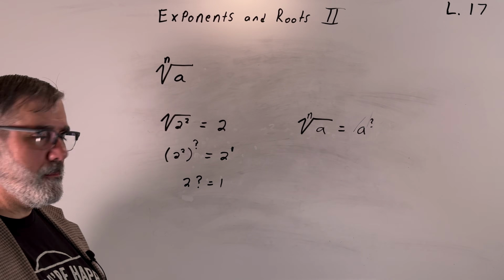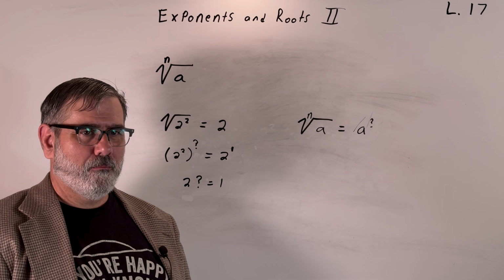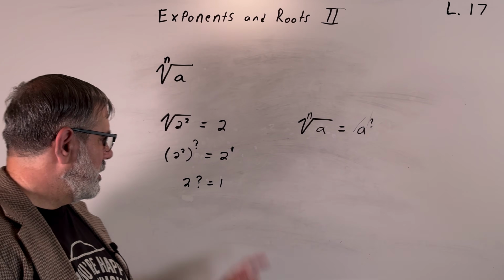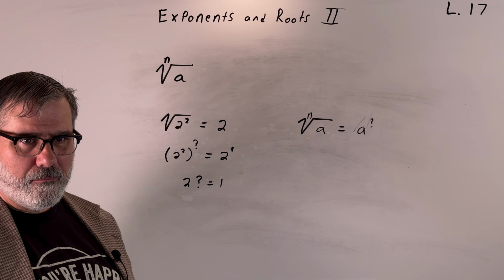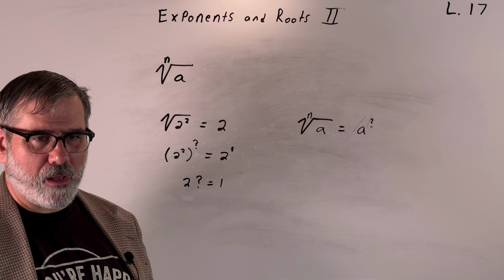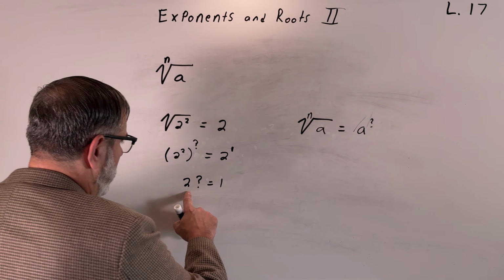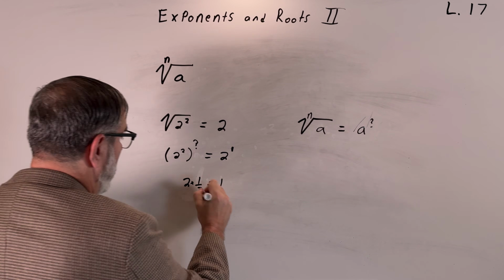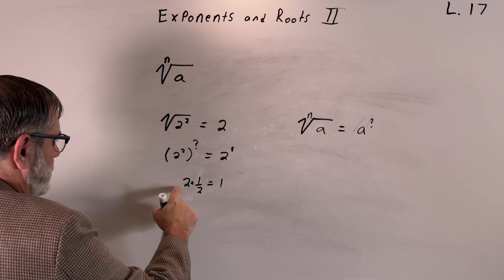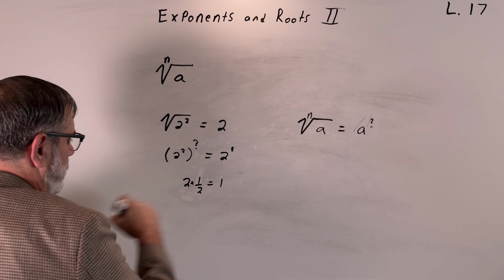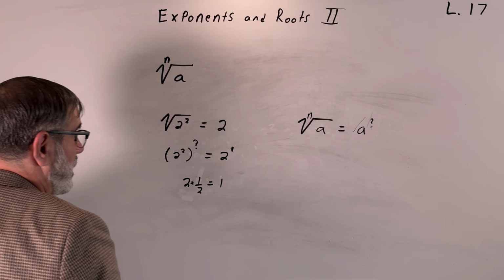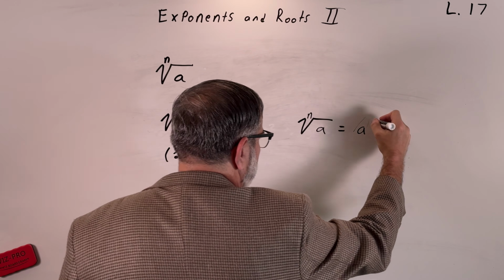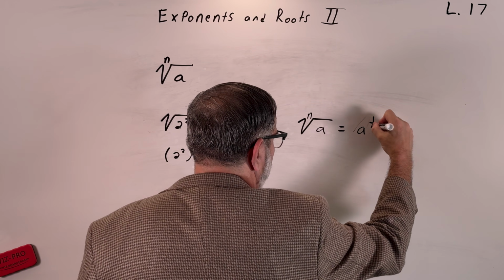Well, 2 times 0 is 0. That's not going to work. -1? 2 times -1? Well, that would be -2. I need it to be equal to 1. No, there is something. If I were to multiply 2 times a half, then I will get 1, right? Because the 2 in the numerator will cancel the 2 in the denominator, and I'll get 1, yes? So roots, the nth root, is actually a to the 1 over n power.